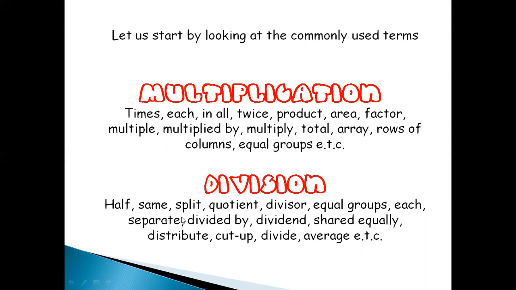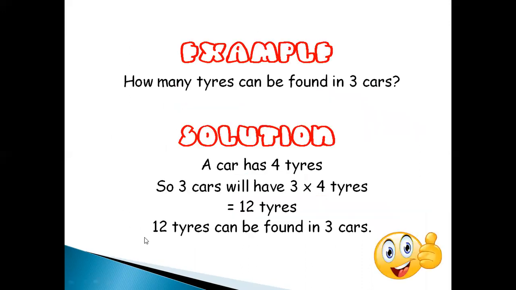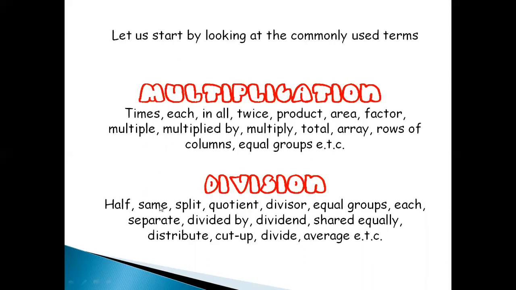And then for division, you see terms like half, same, split, quotient, divisor, equal groups, each, separate, divided by, dividend, shared equally, distribute, cut off, divide, average, and so on and so forth. These are common terms that will make you to know when to multiply and when to divide.